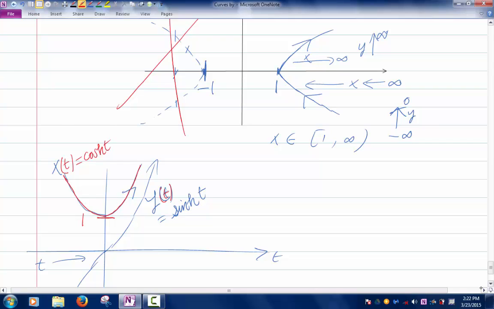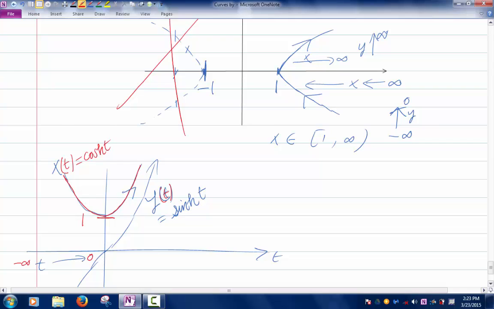Look at the graph of x as a function of t, the red curve, right? It comes from infinity, decreases to 1, right?